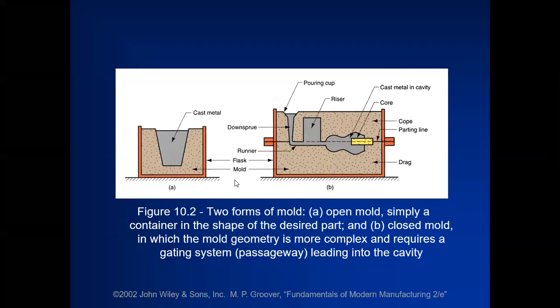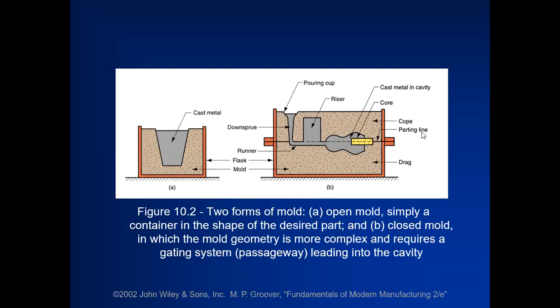There's a flask, you can see, in which we fill up the sand. This flask is sometimes a single piece, or it can be in two pieces or three pieces. Whenever the flask is in two pieces, the top portion is known as cope and the bottom portion is known as drag.